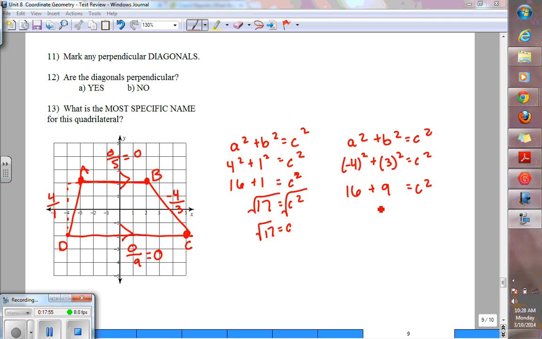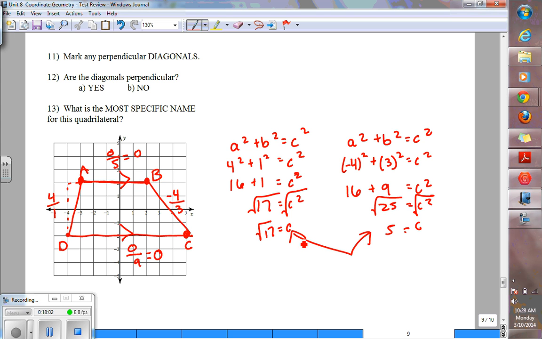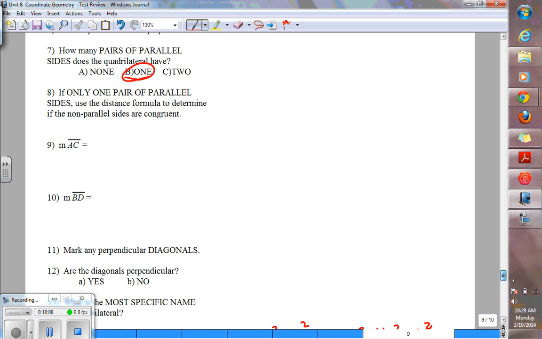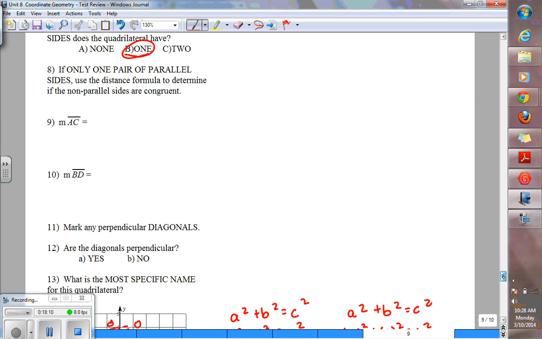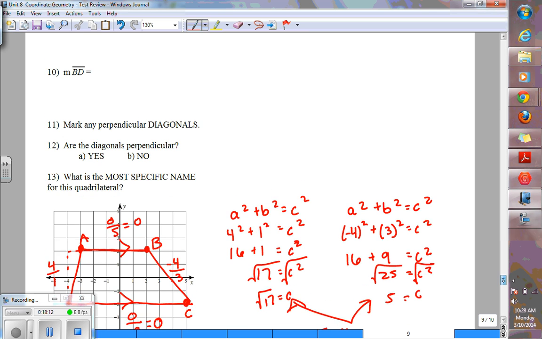Okay, so 16 plus 9 is 25, which means that C is equal to 5. We see that those are not congruent. They are not the same. So we know that if we have one pair of parallel sides and the other sides are not the same, we know that we're dealing with just a plain trapezoid here. We can go ahead and name that.